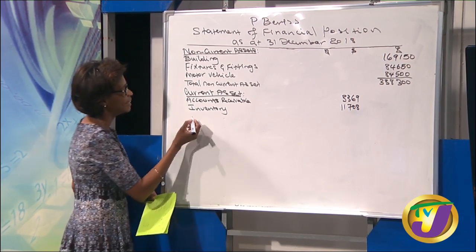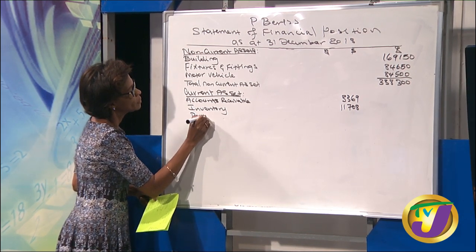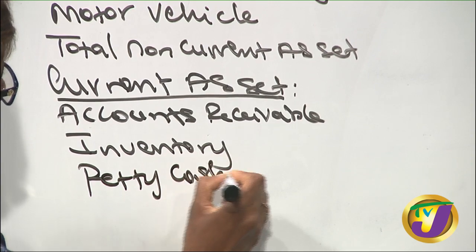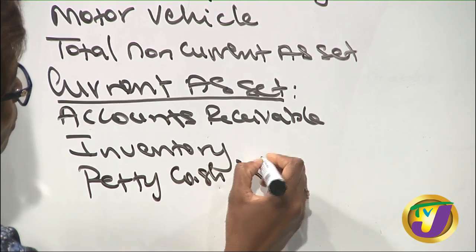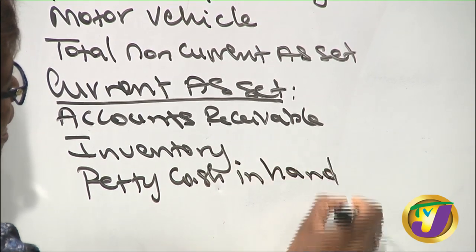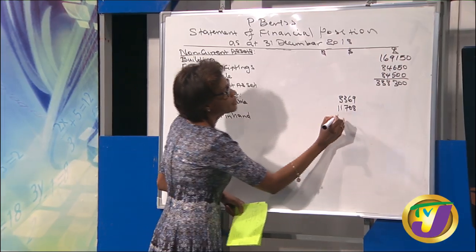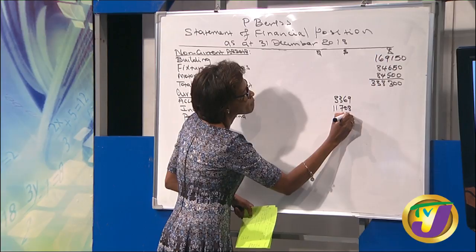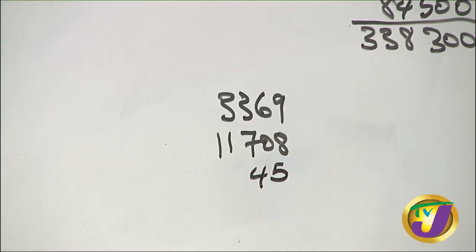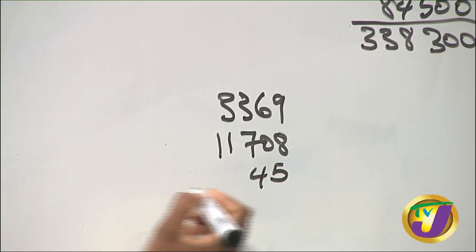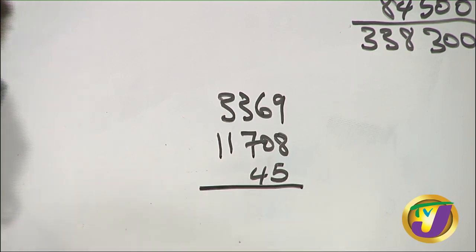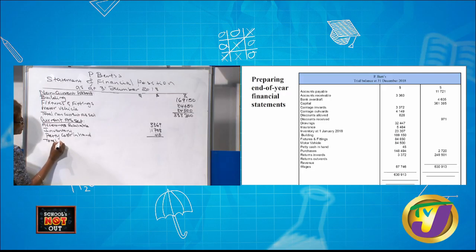And another current asset that I have here is our petty cash in hand. And this amount is $45. And that is our total current asset. This is all the current asset that we have for this period.